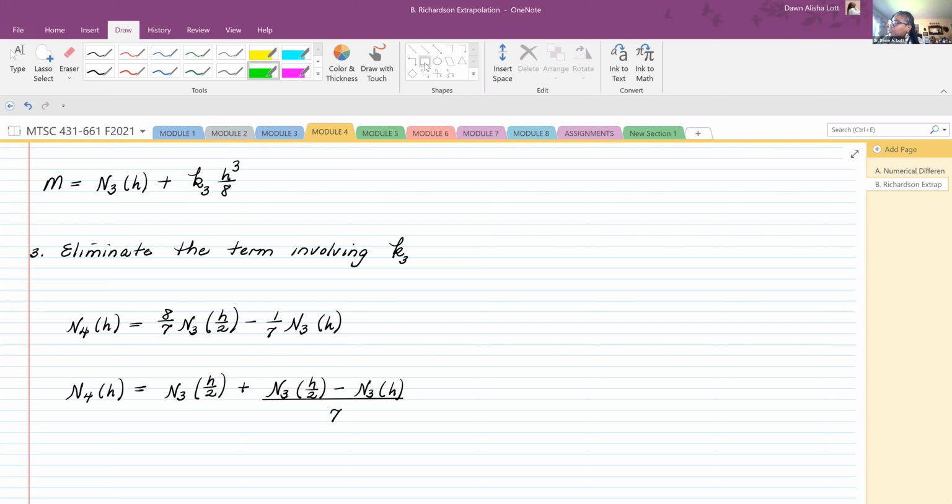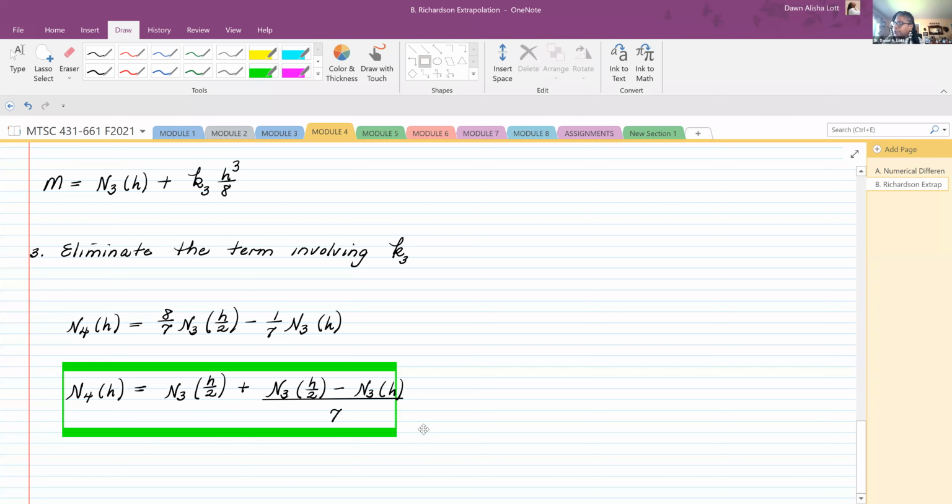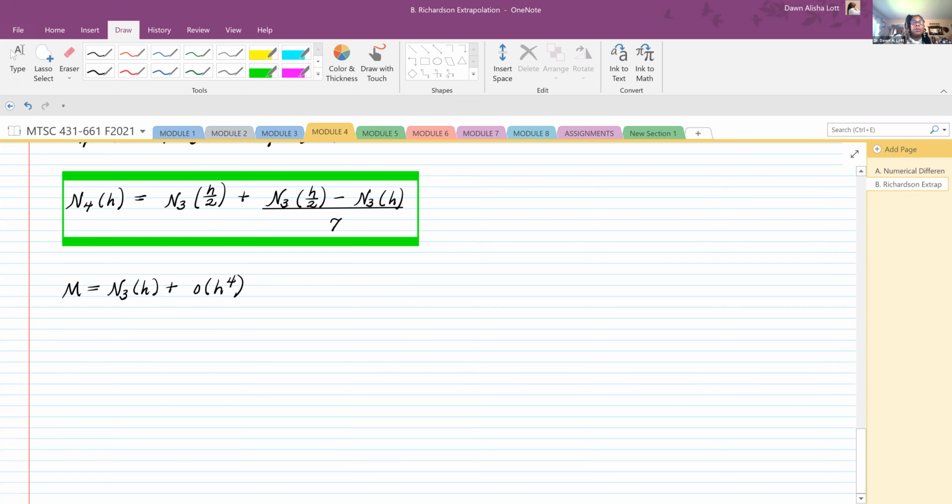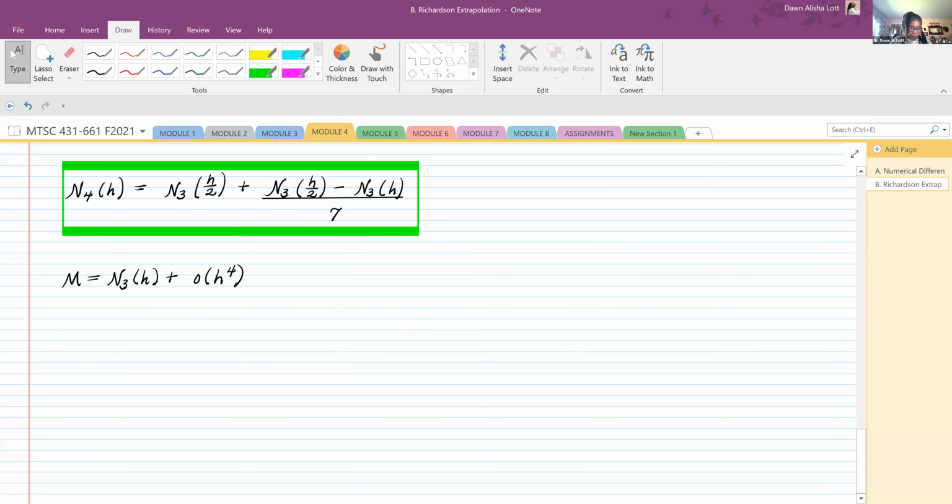So now you can start to see there is a pattern. So now M is N3 of H plus something of order H to the 4th, just by starting with one approximation that was order H.